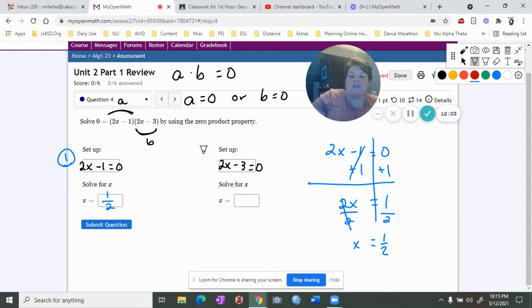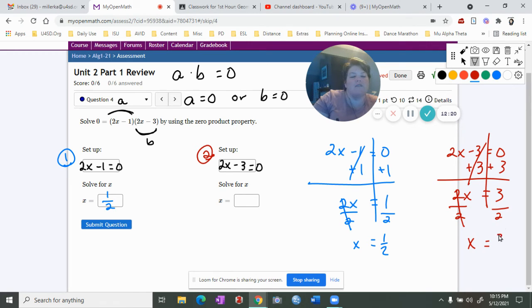Then option 2, I'm going to take my 2x minus 3 equals 0. I'm going to add 3 to both sides, and then I have 2x equals 3. I'm going to divide by 2, and we have x equals 3/2, or 1.5.